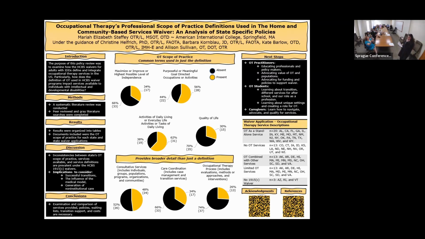For OT students, learning and continuing to learn about transition and different services offered after someone graduates, and learning about our role in the profession. Continuing to learn about unique settings and creating a role for occupational therapy. And for caregivers, learning how to navigate, advocate, and qualify for services.